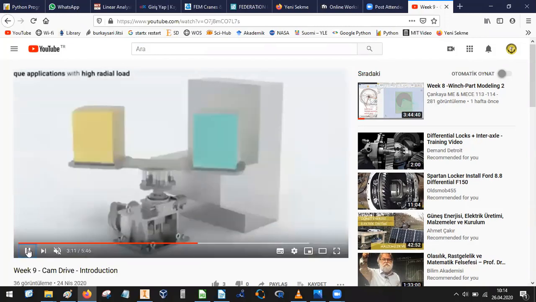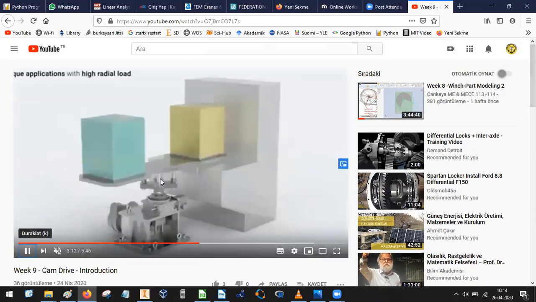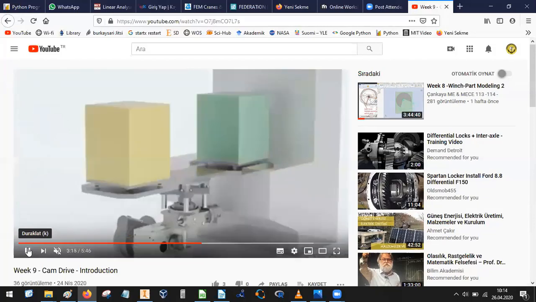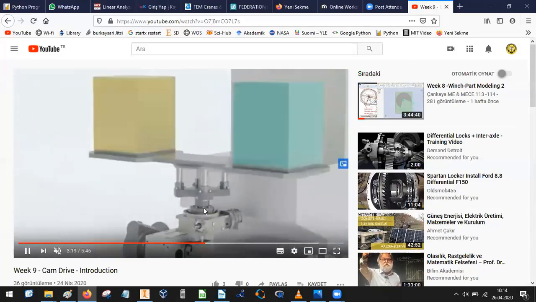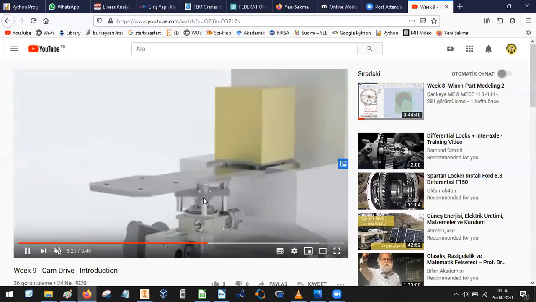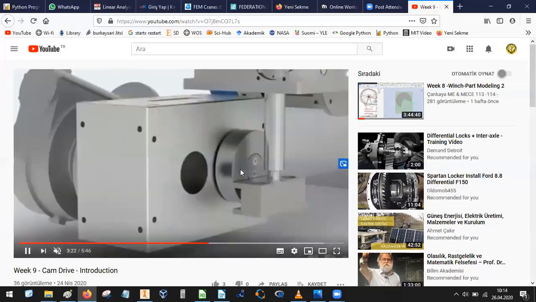In these drives, we use this intermittent movement to control the movement of our mechanisms. At different intervals, we give the up and down movement in this mechanism, and we change our rotation.